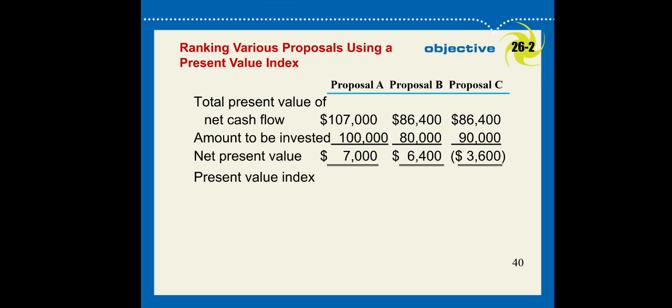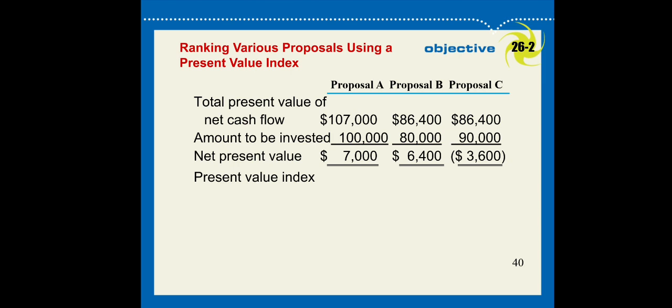Proposal B 86,400. Proposal C 86,400. And then the second thing is you show the amount to be invested. Proposal A, 100,000. Proposal B 80,000. Proposal C 90,000.